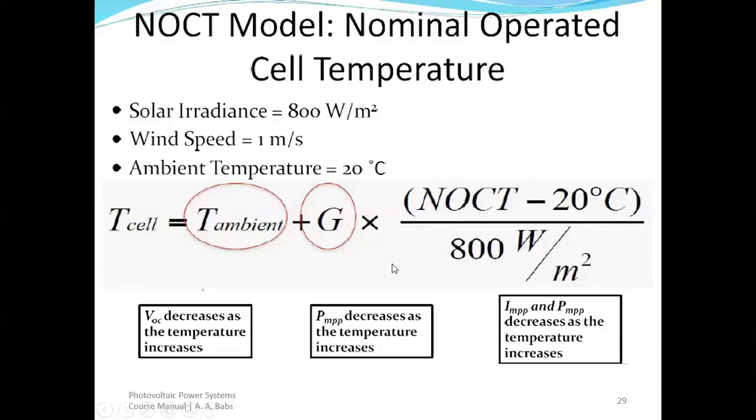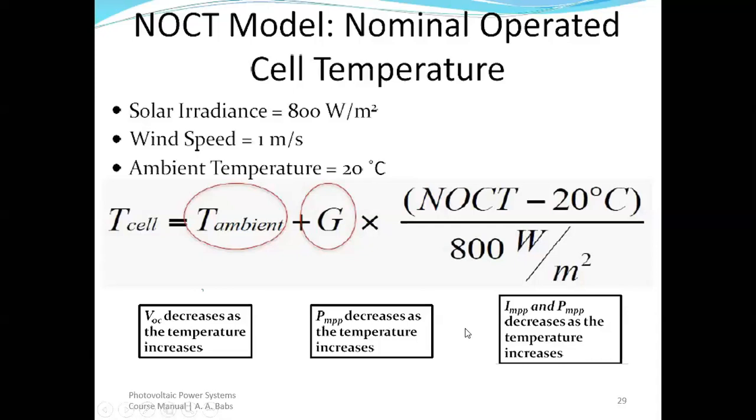Then the NOCT temperature is given here. You'll be given the NOCT temperature, all right? And then you have the 20 degrees Celsius here as the ambient temperature. This is very important. And then you also have your G here, which is the solar irradiance, 800, all right? So with this, you can actually calculate the temperature of a particular module at a given condition.